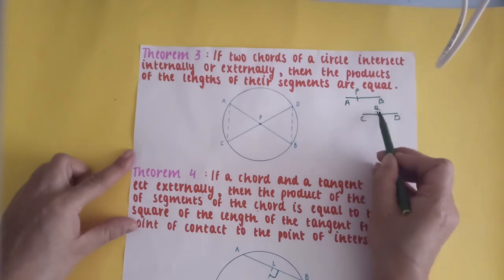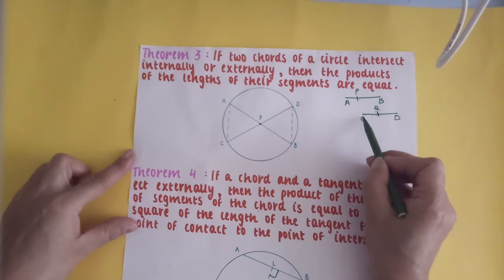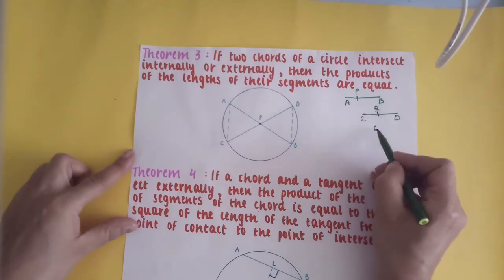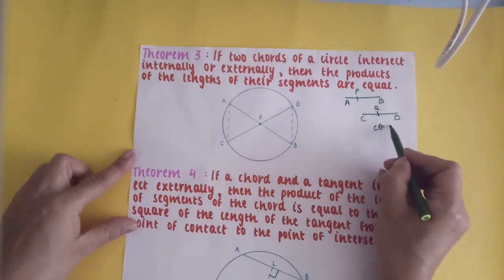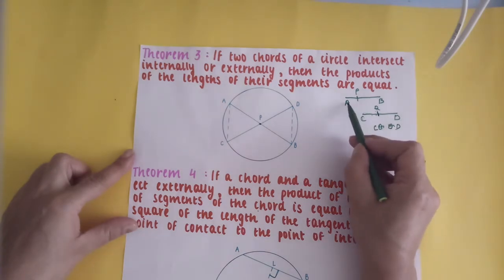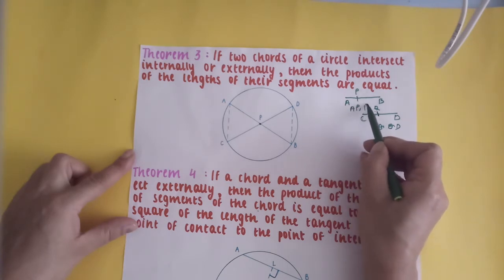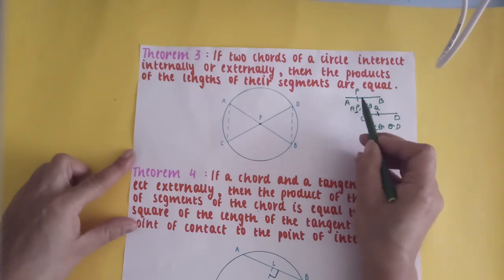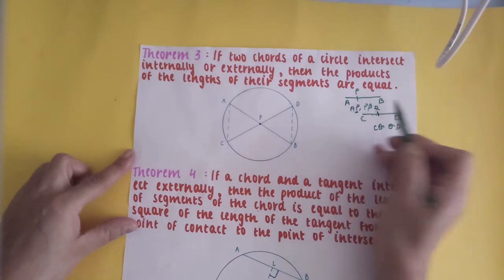So Q should be there. Whichever segment you are taking, Q should be there. Here we have two segments, CQ and QD. Similarly, here you saw that the two segments were AP and PB. That means you have to be sure that P has to be there. It can't be AP and then AB.